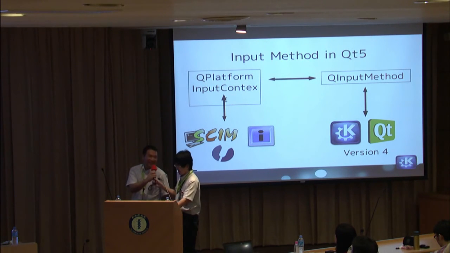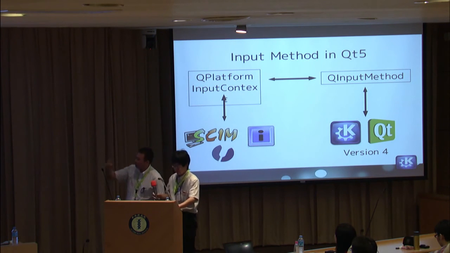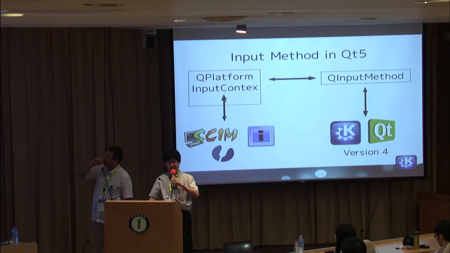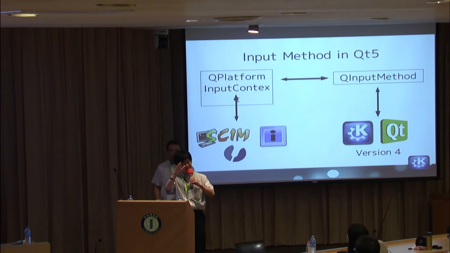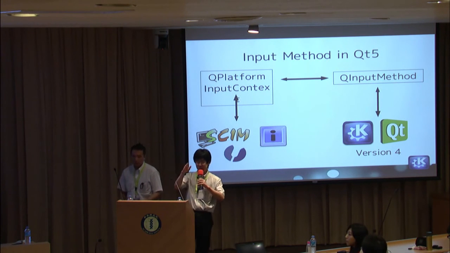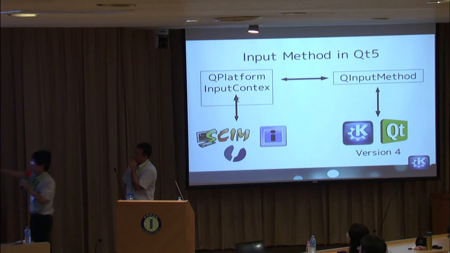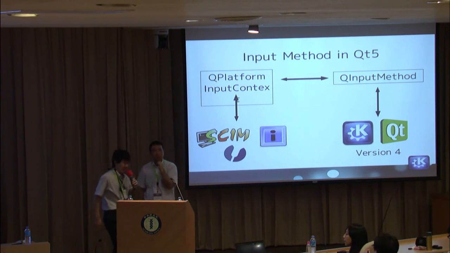So maybe you mean the translation of the characters, maybe the work of these input method frameworks like IBus, SCIM, or UIM. Sorry, we may have misunderstood what you mean.